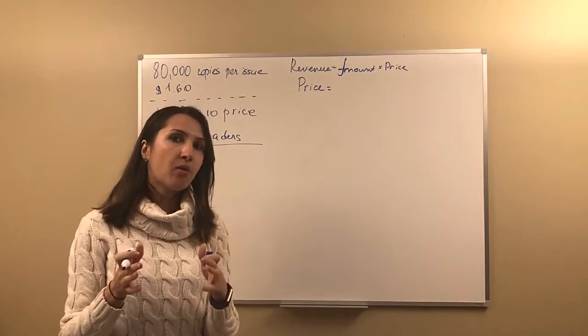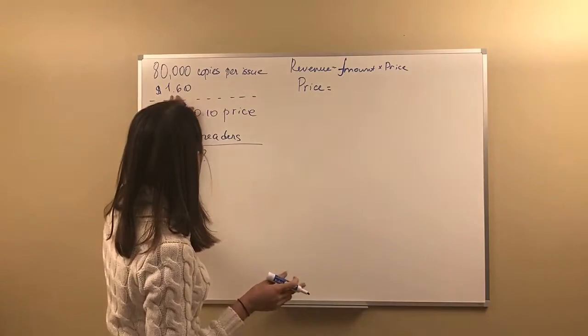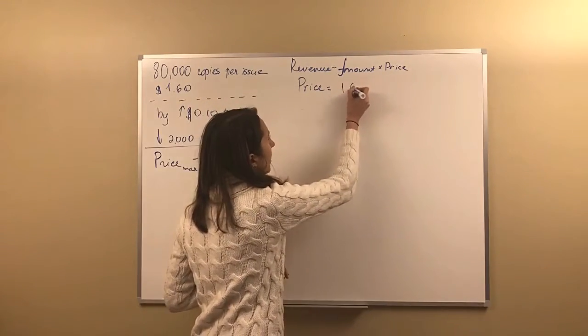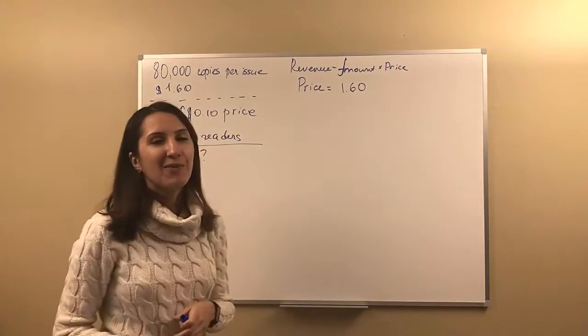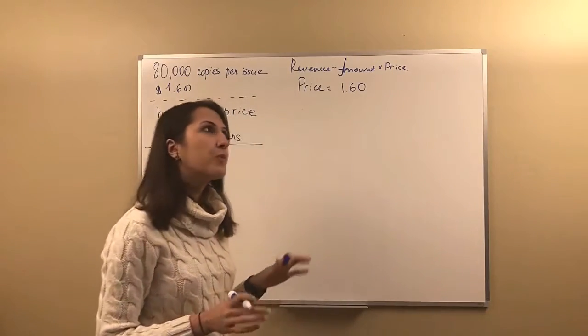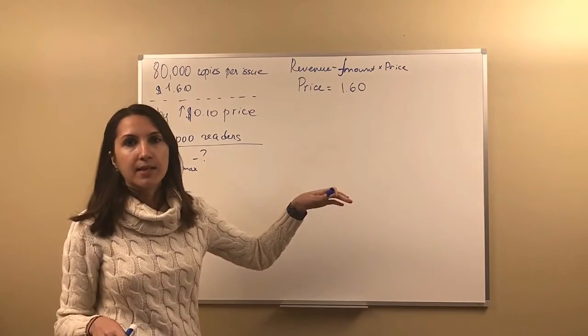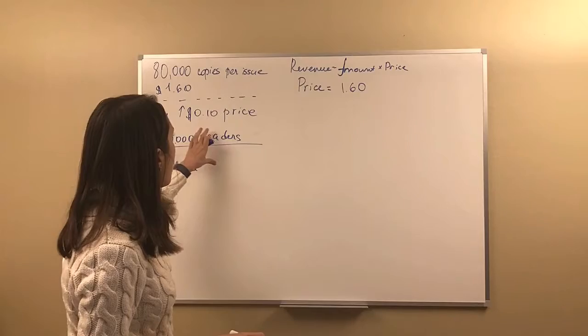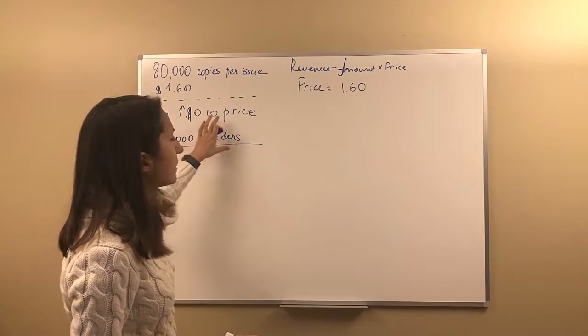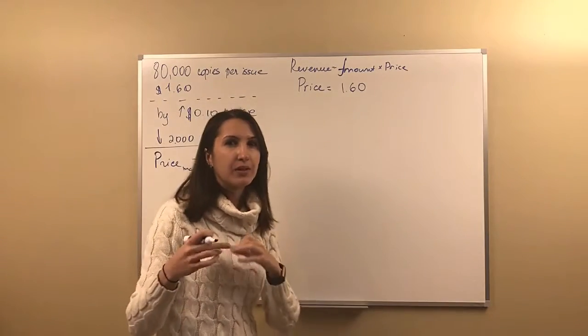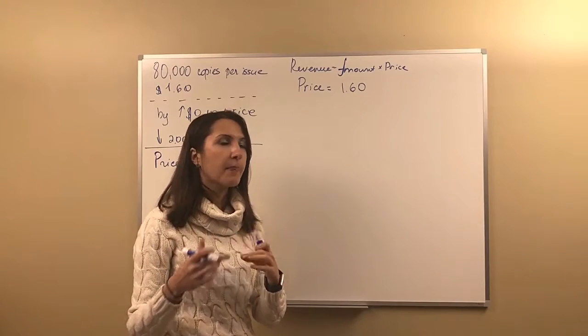It has the base price, which we already know: we start with $1.60, otherwise it would be too pricey. And we know that the publisher wants to increase the price, and for every 10 cents, we will be losing 2,000 readers.